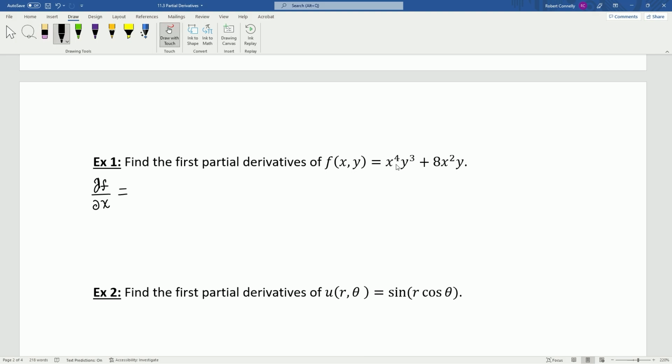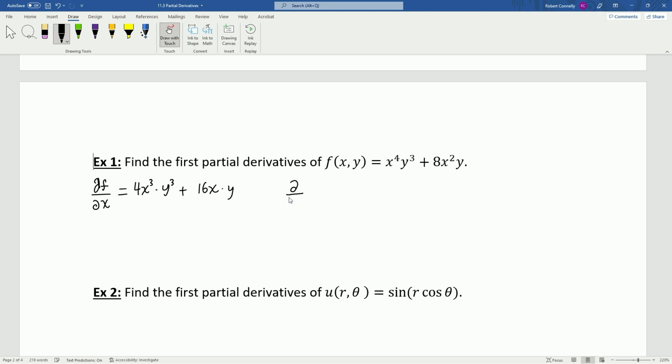So the derivative here is going to be 4x^3, and y is just a constant, so it'll stay y^3, plus, and here this derivative is going to be 2x, and times y.